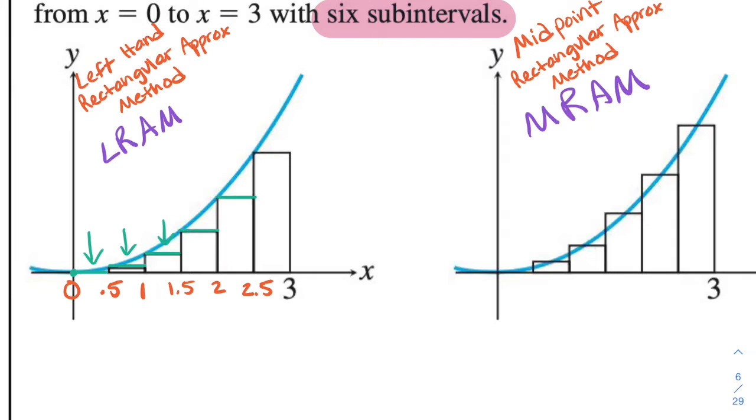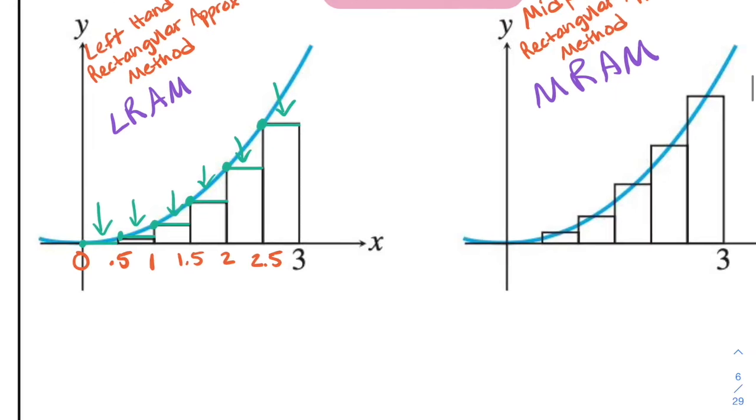This next one is 2 squared. And our final one is 2.5 squared. Okay, so these are my 6 rectangles, but we're working from what we call the left hand endpoint. So you see that endpoint, that endpoint, and so on. So those are the endpoints in question.